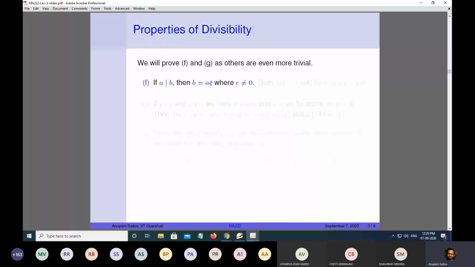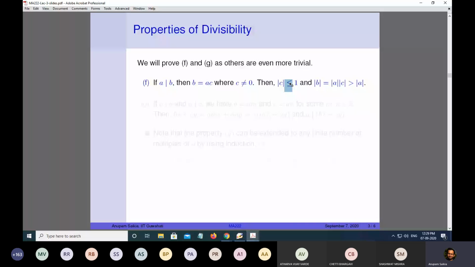So what is mod C? I should have said bigger than or equal to 1. There is a typo here. Because C is non-zero, mod C is at least 1, so it should be in the reverse direction.